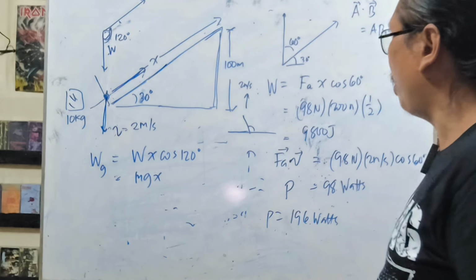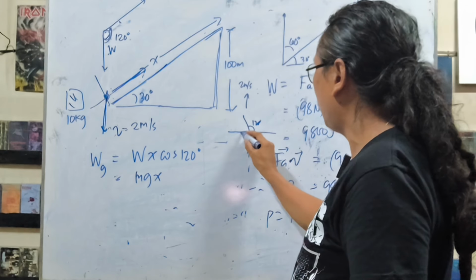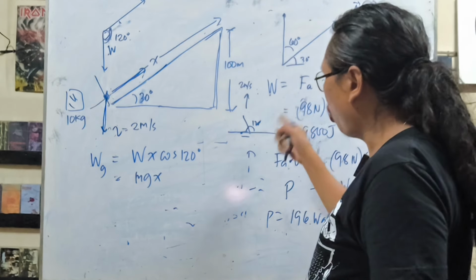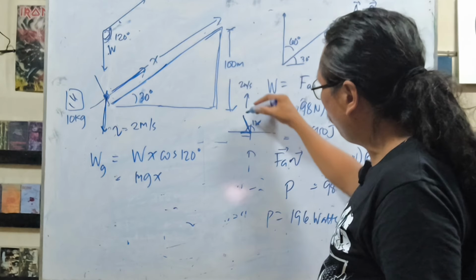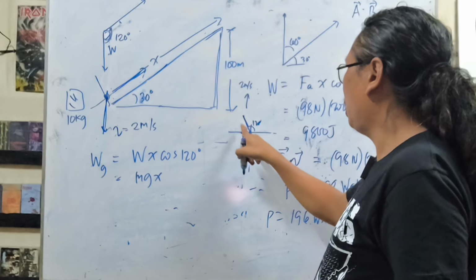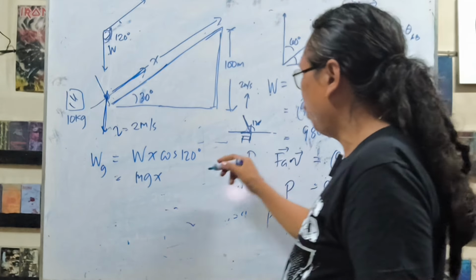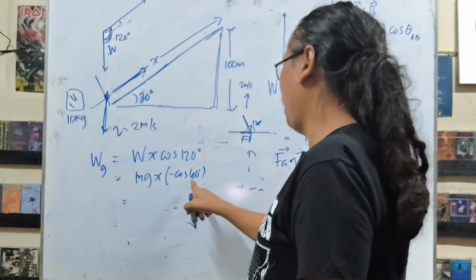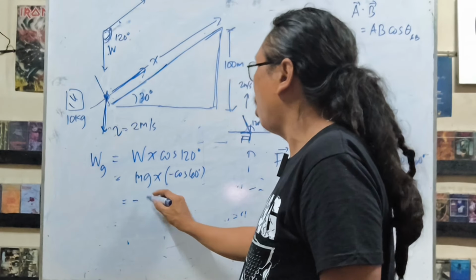The cosine of 120 degrees: the x component of that is just equal to the negative cosine of 60, because 120 plus 60 is 180. So this is the negative of cosine of 60 degrees, which is equal to sine 30, which is 1/2. So this is now negative mgx.